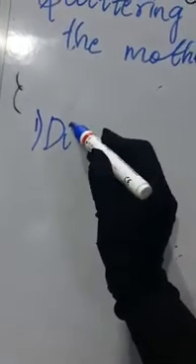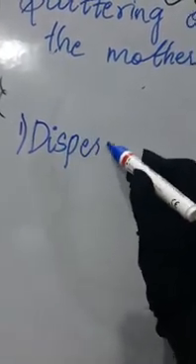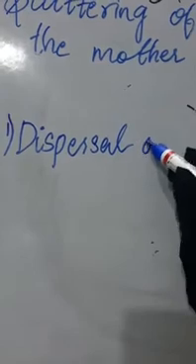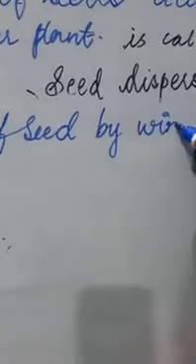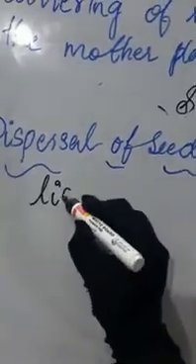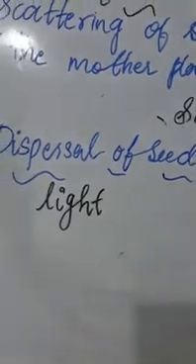First one is dispersal of seeds by wind. Children, as you know, some seeds are very light.